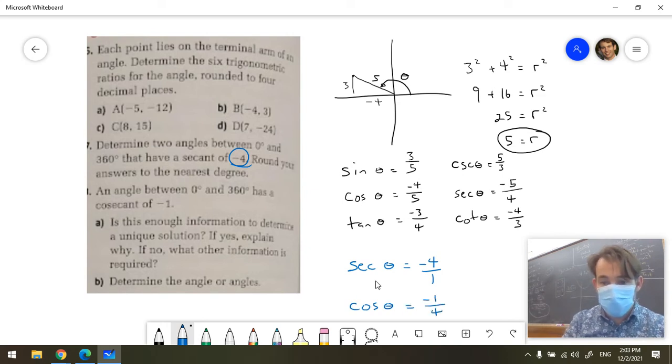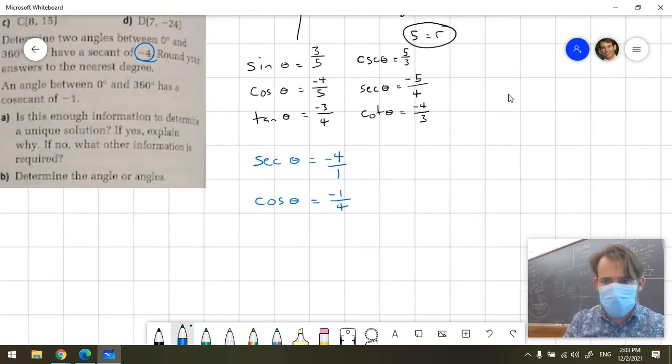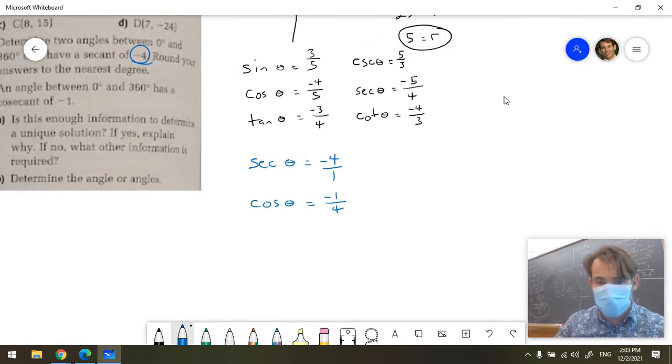Now there's two places where that could be, and I think we've already talked about this exact situation in one of the other review problems. They've got to get some new numbers, eh? So here the adjacent would be negative 1 and the radius would be 4. Cosine is negative over here, so the two angles are going to be over here. This point up here could be it.